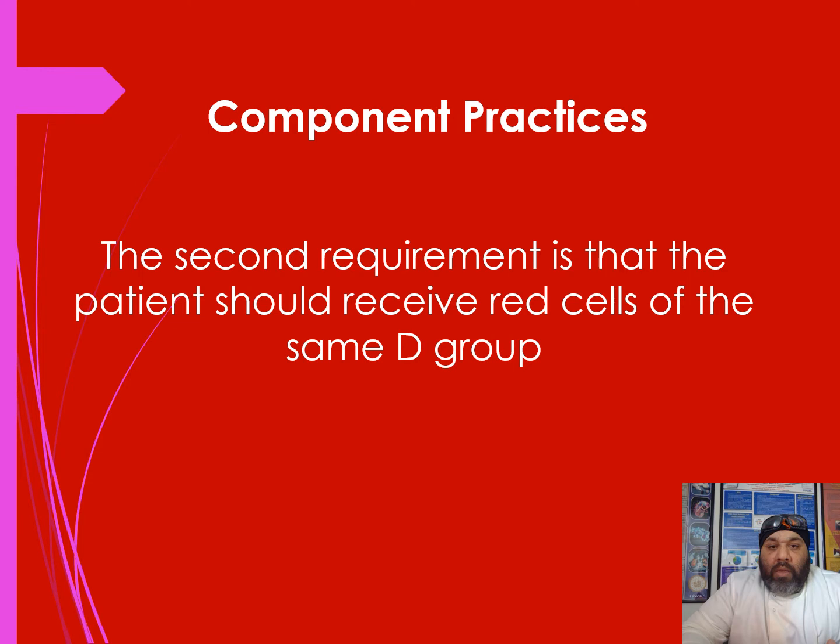So you have your blood group B, and then the D would be pos or neg: rhesus D neg or rhesus D pos.